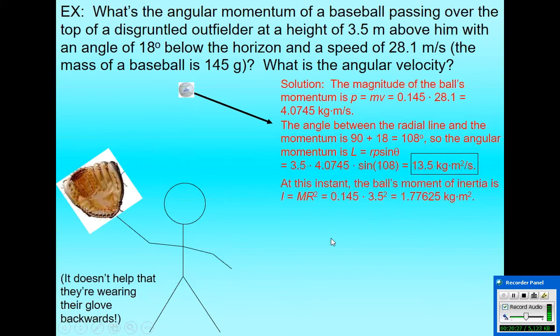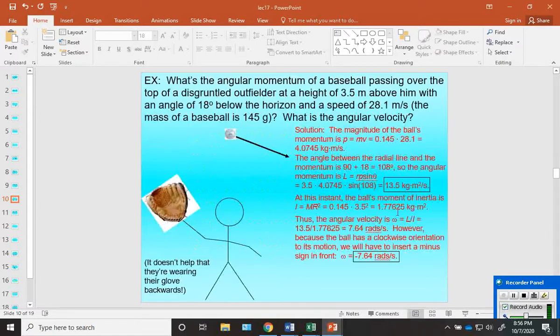Now, this ball has a clockwise component to it. So the magnitude of the angular momentum is 13.5 kilograms times meters squared per second. But if I had to write down the angular momentum, I would have to say that the angular momentum is negative 13.5 kilograms times meters squared per second.